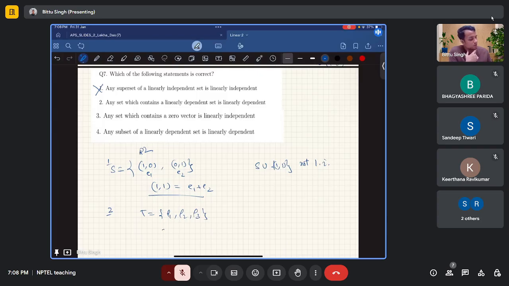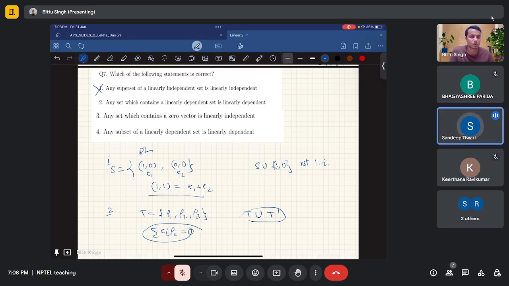That means there is some relation, summation of Ci row i is 0. If you add any other thing, so if you take T union another T dash, then this relation is also present in T union T dash.